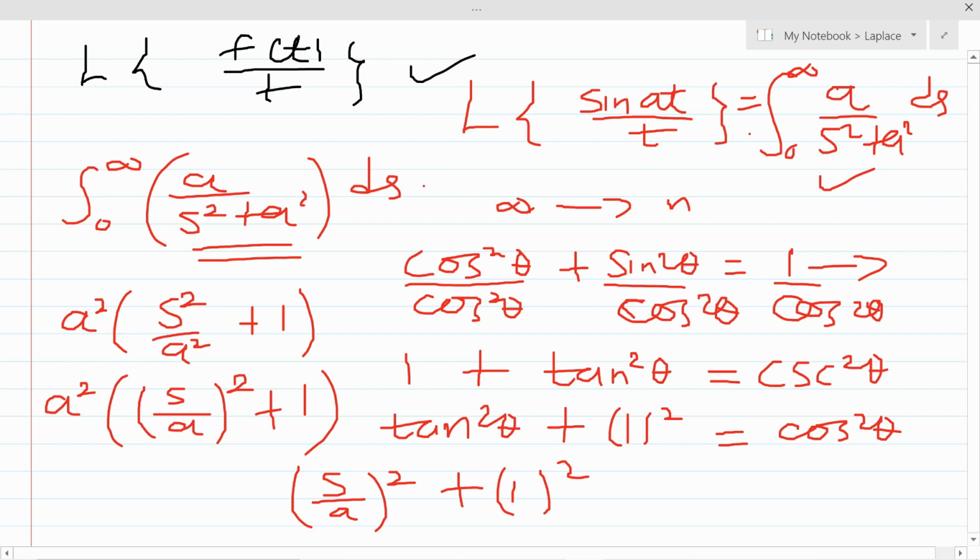If that is possible in this bracket, then we can simply represent s over a by tan theta. So let's keep in mind and replace s over a by tan theta.